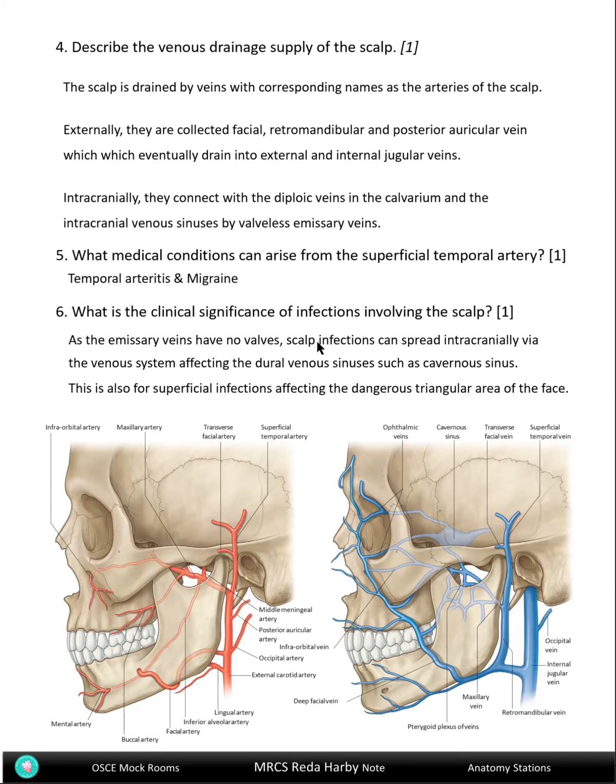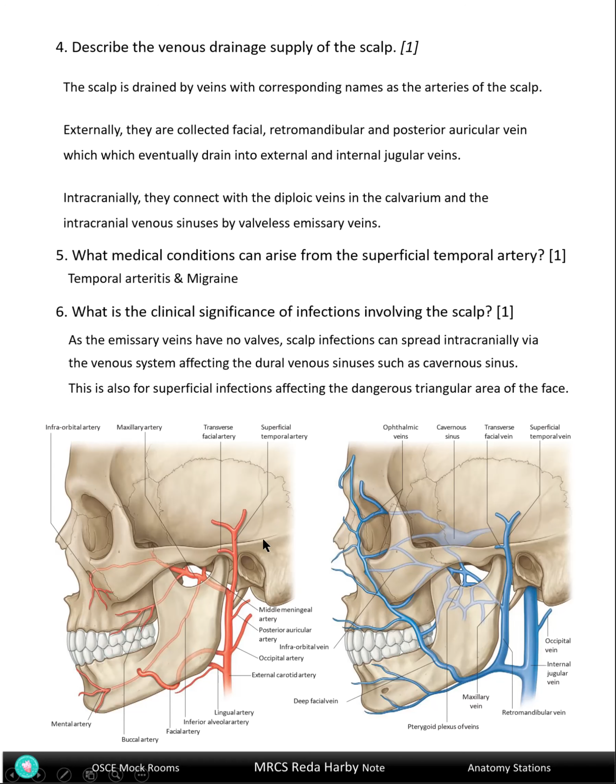And two points at the angles of the mouth. Because which veins connect? Look at this image. The superior and inferior ophthalmic veins connect directly with the cavernous sinus, and other facial veins connect to the pterygoid plexus of veins, and in the end will cause cavernous sinus infection and thrombosis, with any infection in the dangerous area of the face.